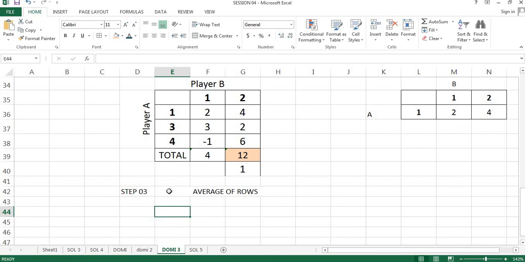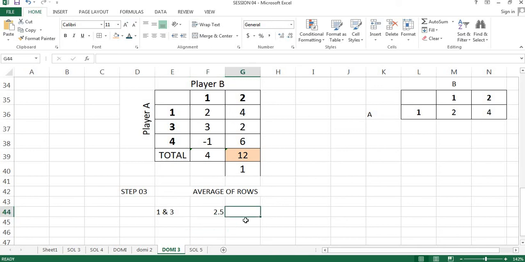Let me start from the first one, that is taking the average of first and third. It is like this, first and third. (2 plus 3) divided by 2, so it is 2.5.